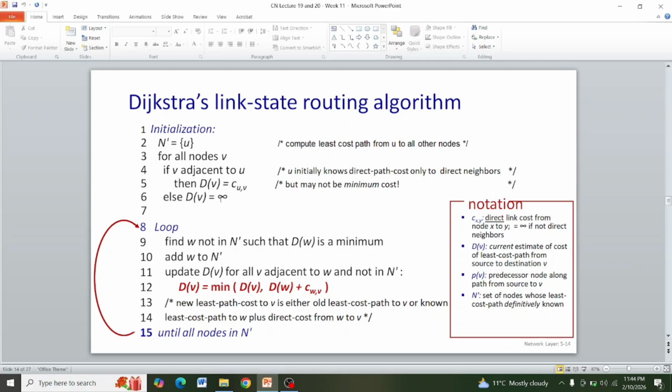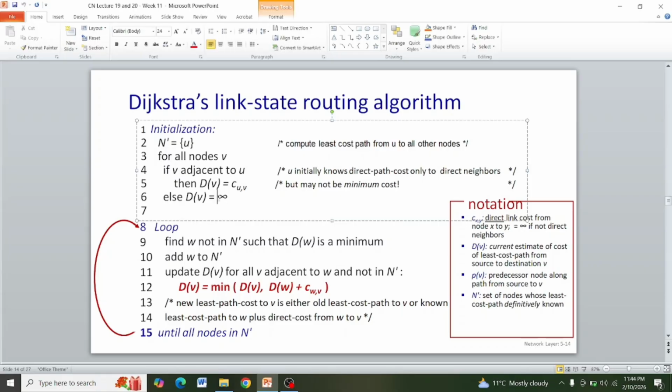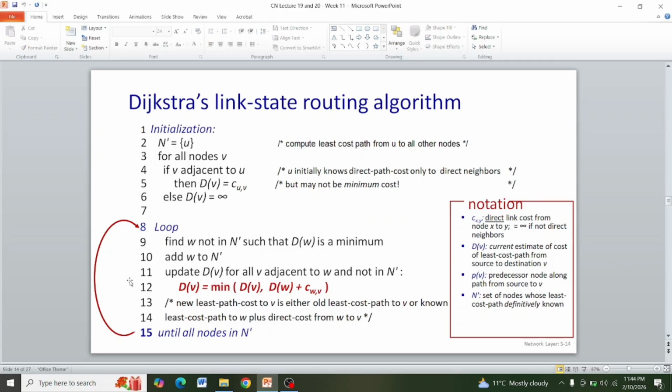Else, D(V), the cost required to reach V, is shown in the brackets, where V represents the destination node. If U and V are not directly connected, the cost will be considered equivalent to infinity.